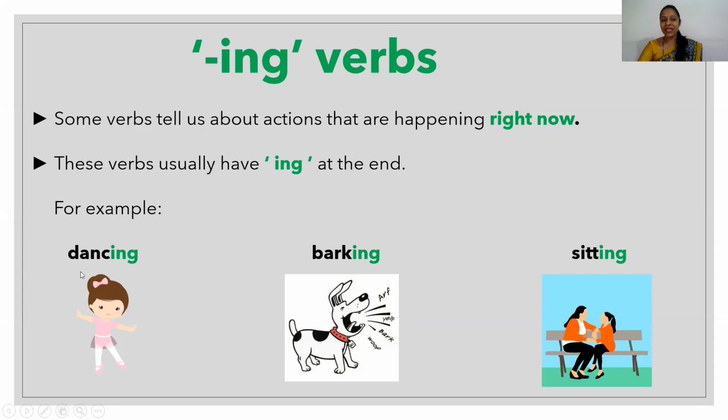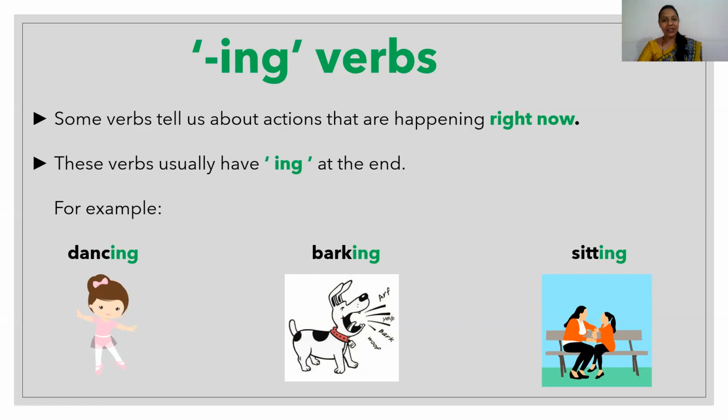Now, since these verbs have ing at the end, we understand that these actions are happening right now or going on at present. Correct? This means the girl is dancing, the dog is barking, and these girls are sitting right now.